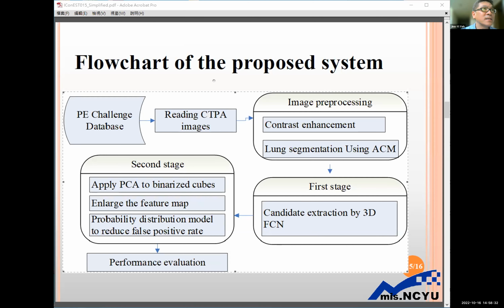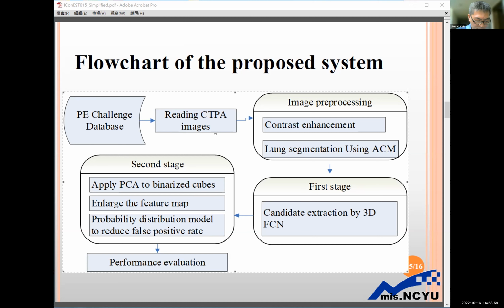So this is the flow of the proposed system. This study established an automatic detection method to automatically detect the area suspected of containing PE in CTPA images using the modified two-stage CNN. First, the CTPA images are read from the PE challenge database.